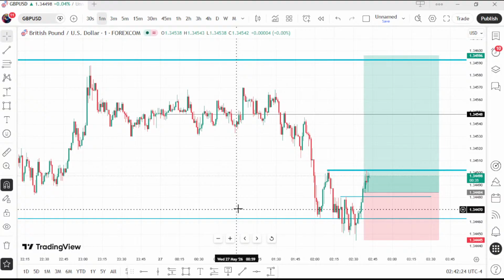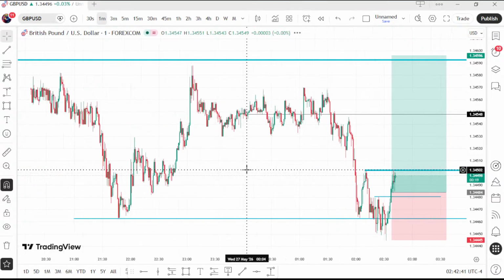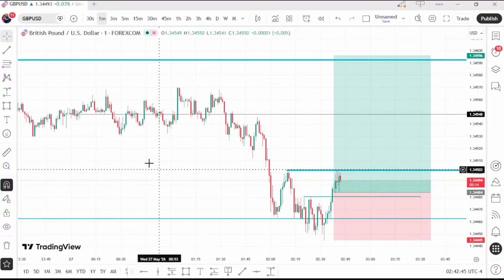Watch it, because I think that's a market structure shift, and below the midnight opening price, and I've recorded so many trades like that, that are below the midnight opening price. And if you can remember, yesterday we also did an entry like this, but we failed.